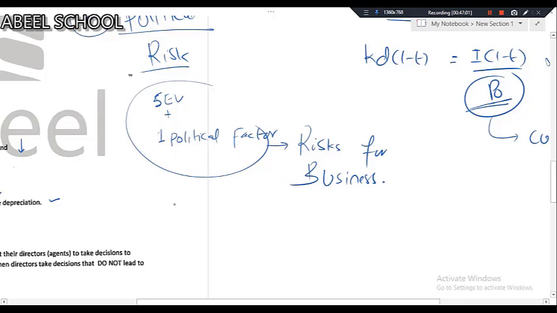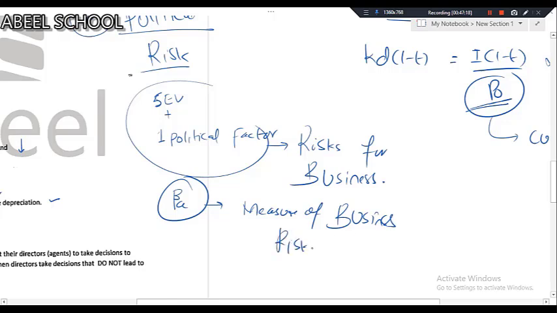And the measure of business risk we represent with beta asset. We will study this in cost of capital, don't worry. Beta asset is actually a measure of business risk.